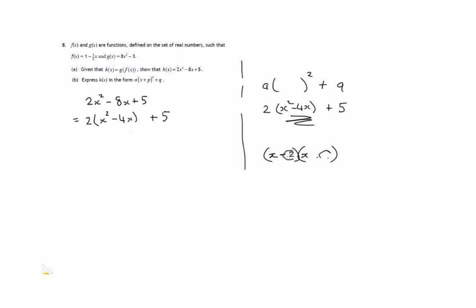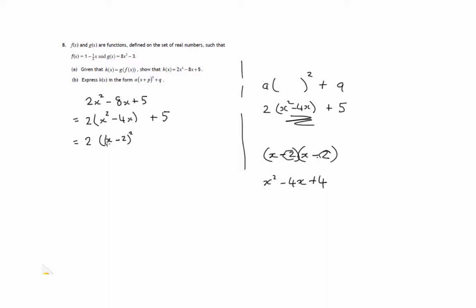Would that not be a minus 2 and a minus 2? Let's try that. If we multiply out x minus 2 times x minus 2, we get x squared. We get our minus 4x, minus 2x and another minus 2x, but we get a plus 4. So that's not quite right.